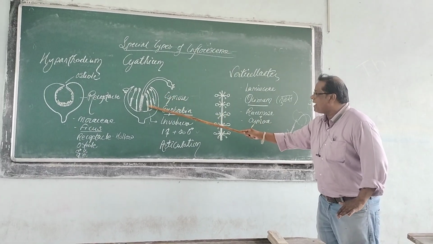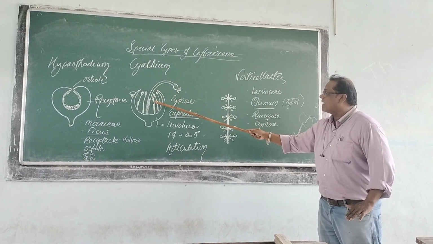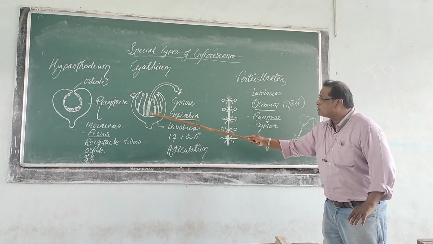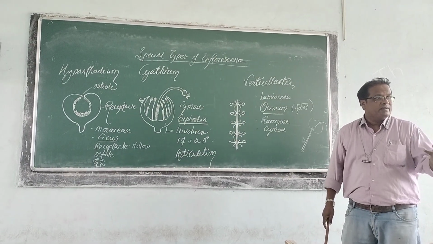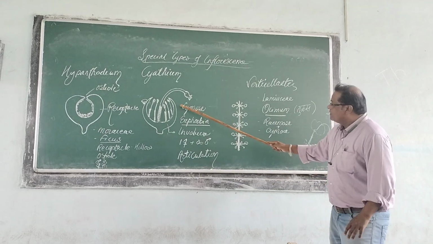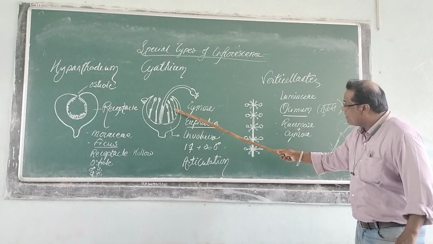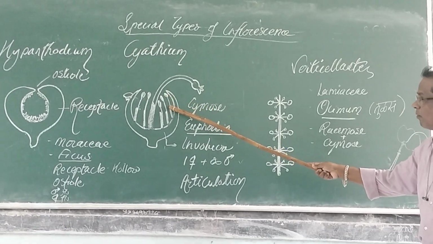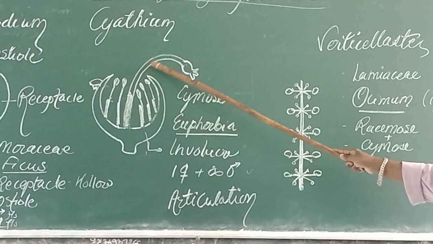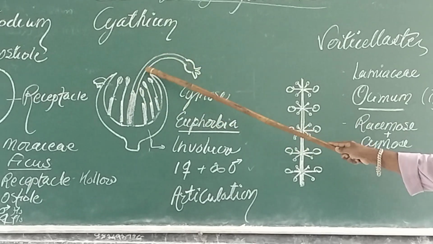So single stamen is considered as male flower, and single gynoecium is considered as a female flower. Why? Because there is an articulation present on this. So this is the main axis and this is the flower. This is the main axis and this is the female flower.